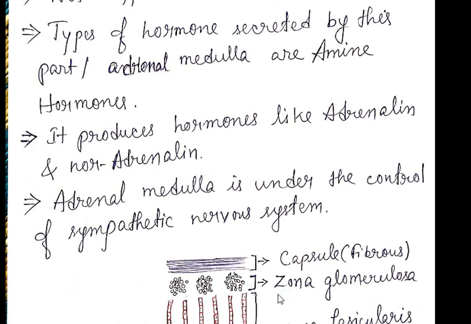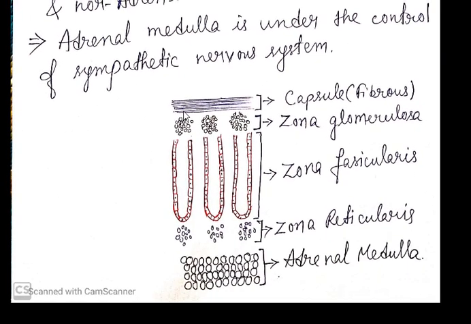One very important thing is that the adrenal medulla is under the control of the sympathetic nervous system. In the last case, we saw that the cortex is under the control of ACTH or angiotensin, right? So let's move on.